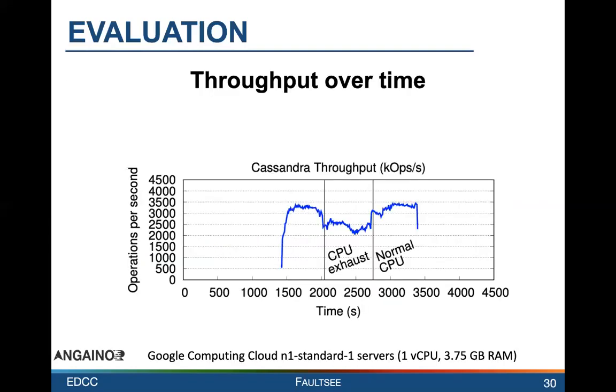And this is the throughput over time when the system is subject to this type of fault. As we can see, exhausting the CPU also has a significant impact on system throughput, which is kind of expected. So after we have an initial experiment setup, it's rather easy to devise new experiments and play around with a wide range of different scenarios.